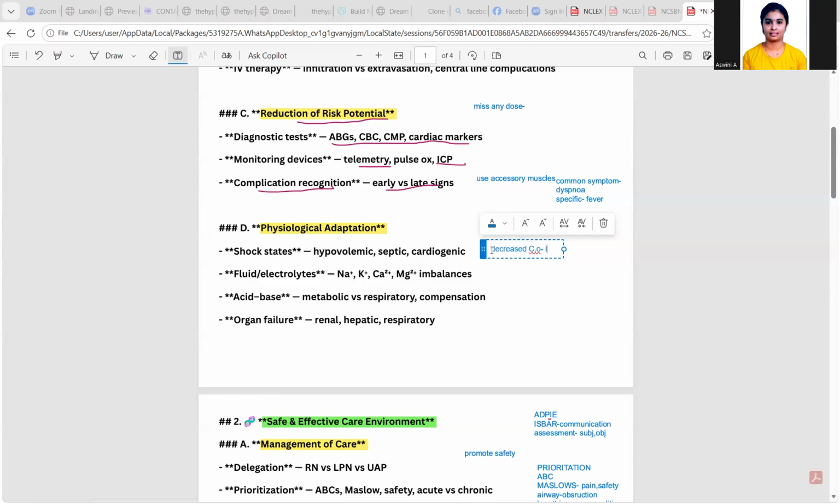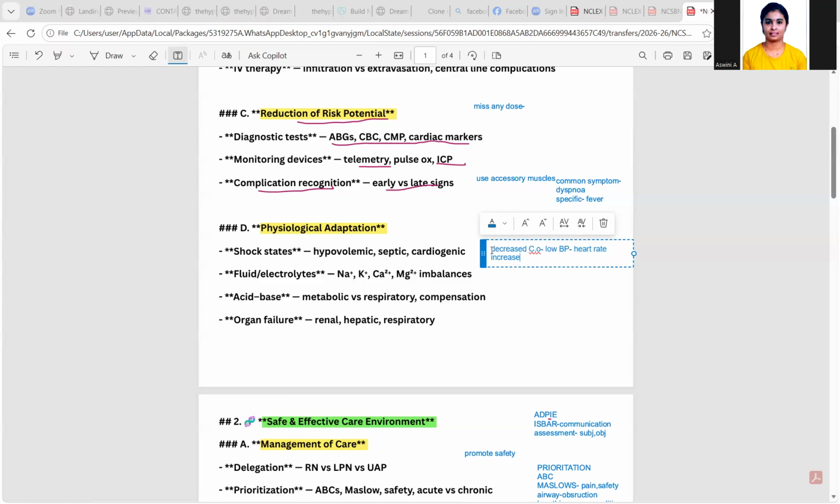Hypotension, there may be low BP. So how is the body compensating? The heart will contract more, that means heart rate will increase. That is the compensatory mechanism: in case of shock, when there is low blood pressure, the heart rate will be higher.